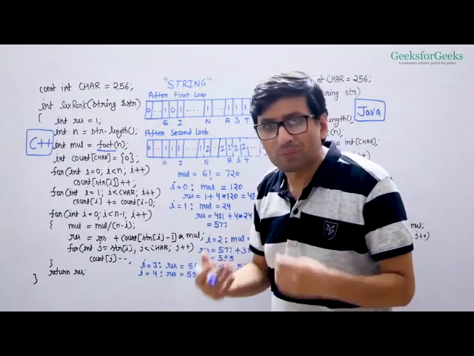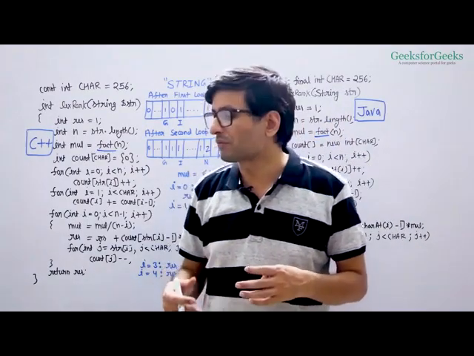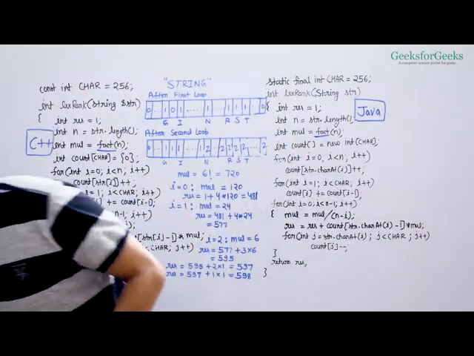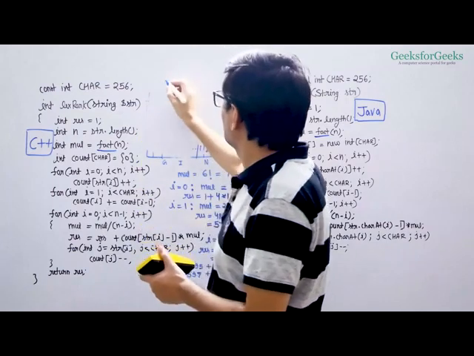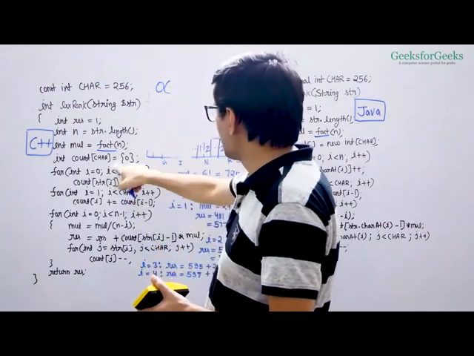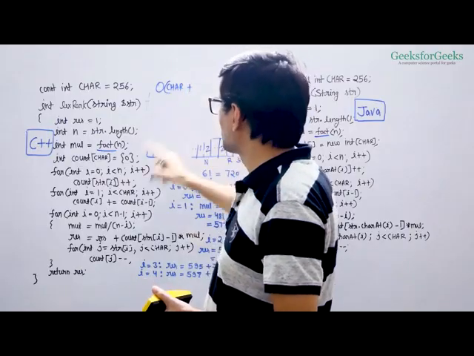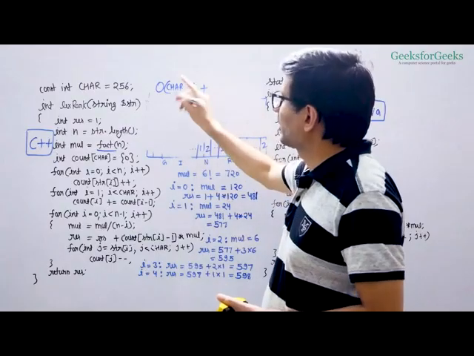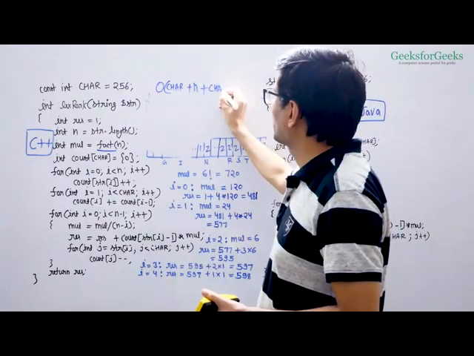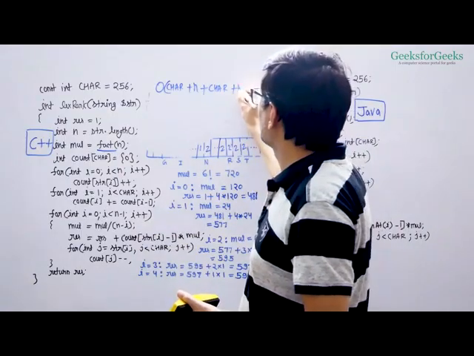If we want to be more precise, if we want to include the characters also as part of the time complexity, then we can write the time complexity as big O of char to create this array and initialize it, plus big O of n into char for this.